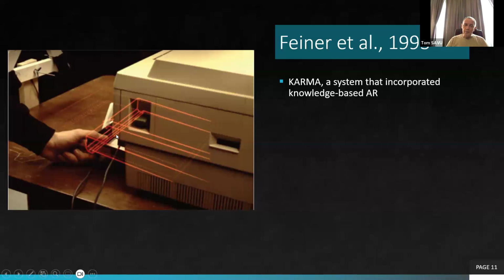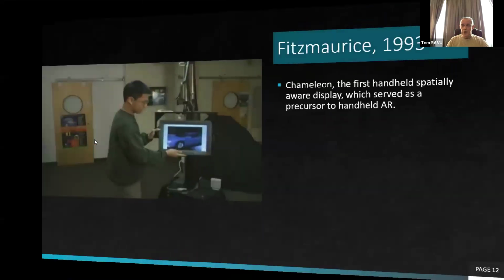Well, Karma knows the dimensions of this part the user is pulling out, and is representing all the dimensions of the part, so the user was able to know how long this part is and how much more he has to pull the part out.